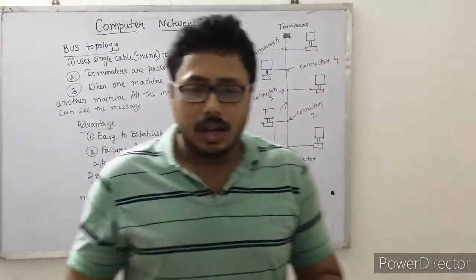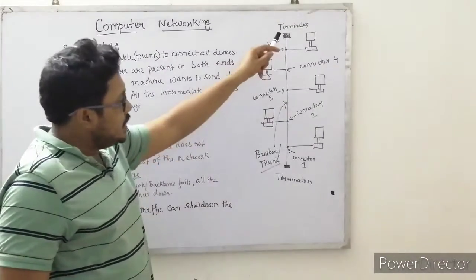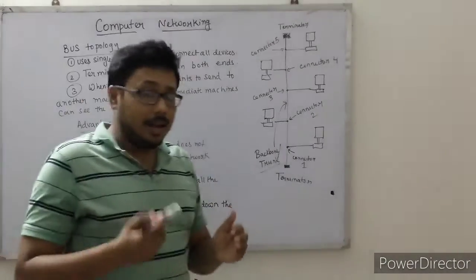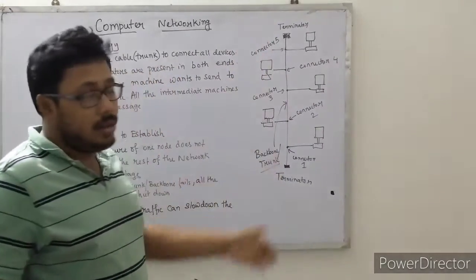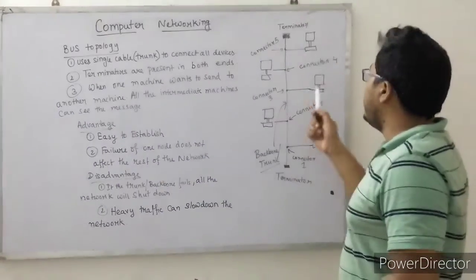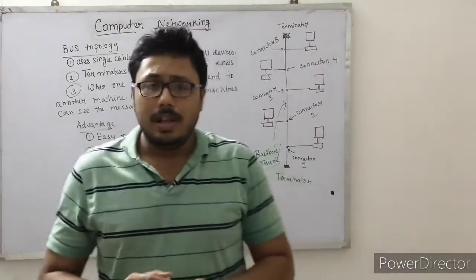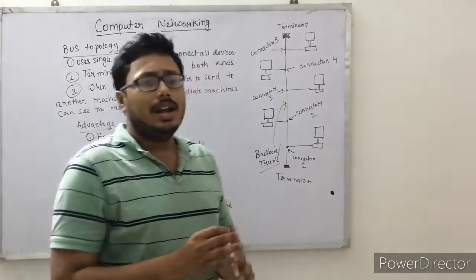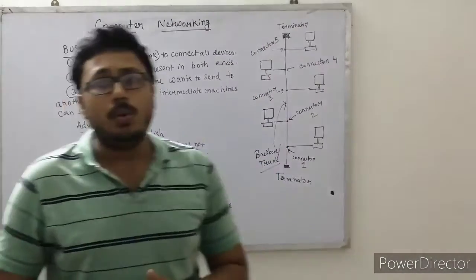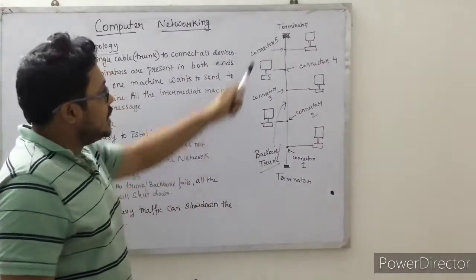What is the main thing about bus topology? See, this is the connector, and this is a trunk, a cable in which all the computers are connected with some connectors. First of all, all the computers are connected to a single backbone which is known as the trunk. Look at this picture. This is the trunk.